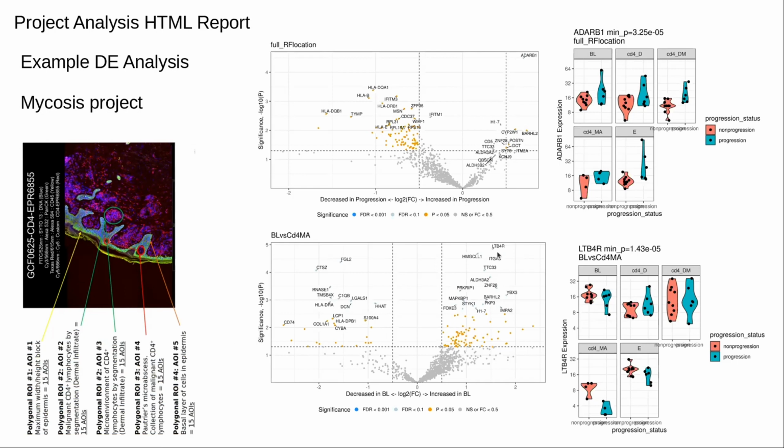You can see here, for instance, we have a gene, LTB4R, which is increased in the basal layer. And when we then plot the expression of these genes for all the segments in the experiment, we can see how the basal layer has a higher level, regardless of whether there was progression or not, than these CD4 cells that have a lower expression here. So these are the types of things that we include in our report.